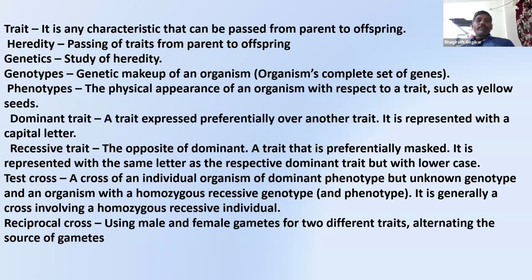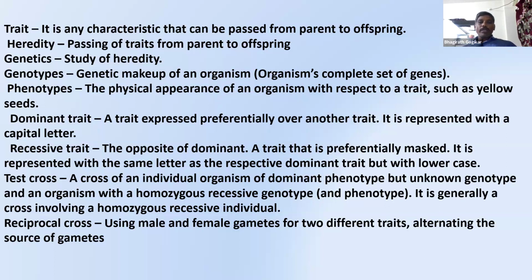For example, in Mendelian genetics we study the height of the plant, whether it is tall or dwarf or short. That indicates phenotype. Phenotype means the outward expression of a particular trait. Color of the flower, height of the stem, the position of the flower, seed color, seed shape, all these we can include as phenotypes. Each phenotype is represented by a particular genetic makeup, that is nothing but genotype.